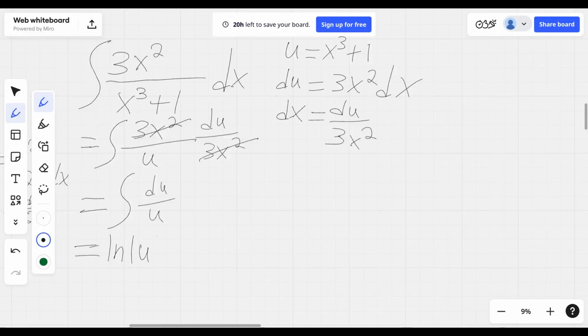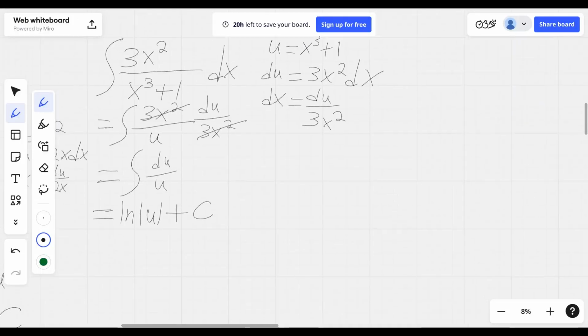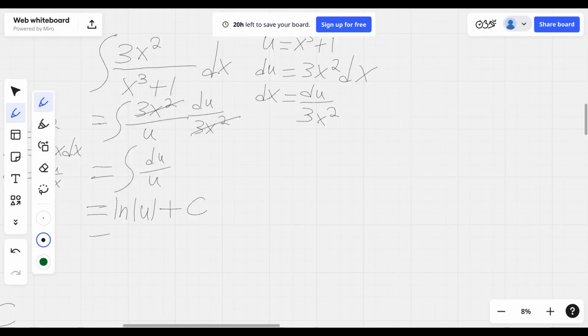So this is going to be ln of u and then plus c. So now it's very important that we change u in terms of x again. So it'll be ln of x cubed plus 1 and then plus c. And that's going to be the answer for this one.